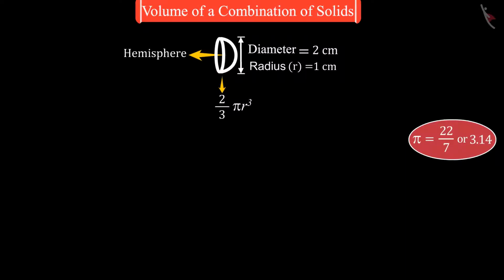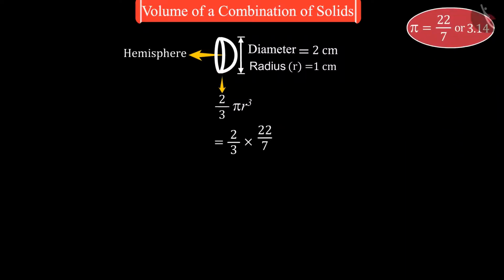On substituting the values of r and pi, and solving, we get volume of hemisphere is equal to 44 upon 21 cubic centimeters.